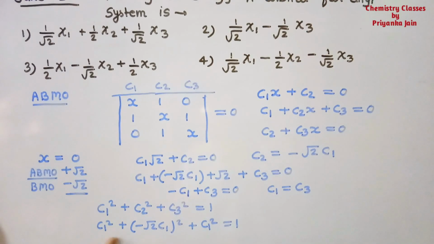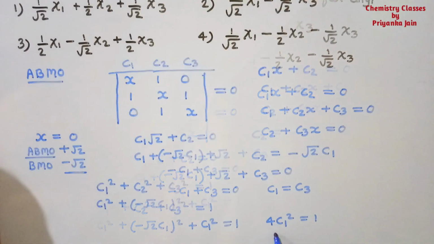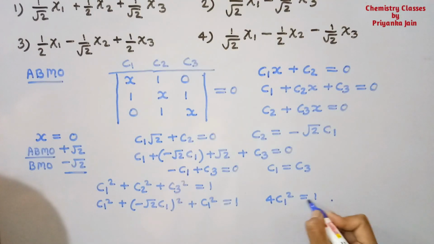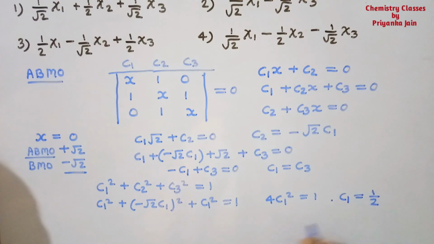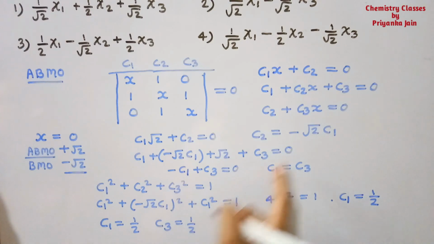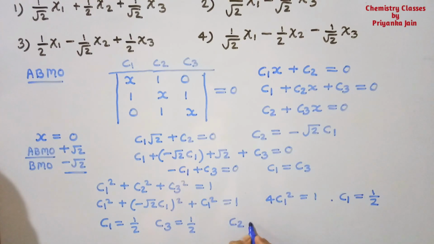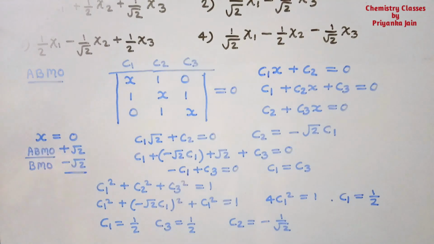So this will be 2 C1 square, so the whole will become 4 C1 square equal to 1. So C1 square will be equal to 1 by 4, so C1 is equal to 1 by 2, right? So we are getting C1 is equal to 1 by 2, then C3 will also be equal to 1 by 2, and when we put this value here, we get C2 equal to minus 1 by root 2.